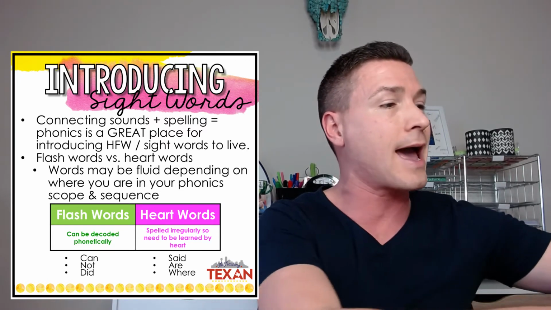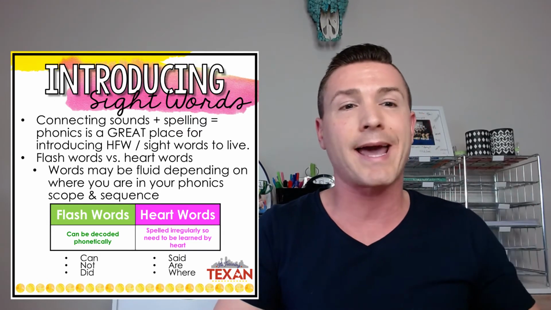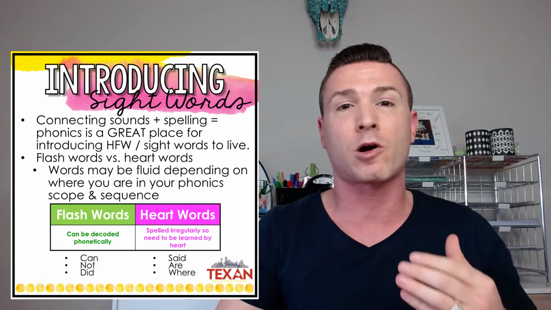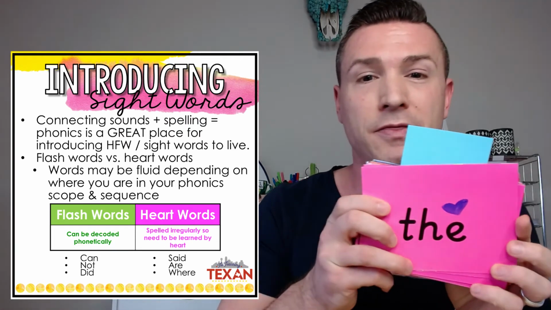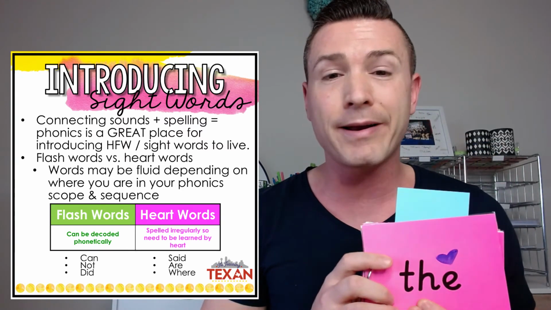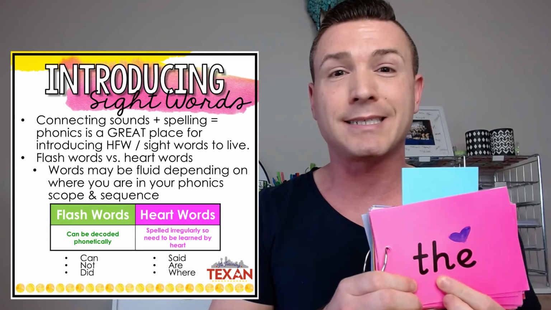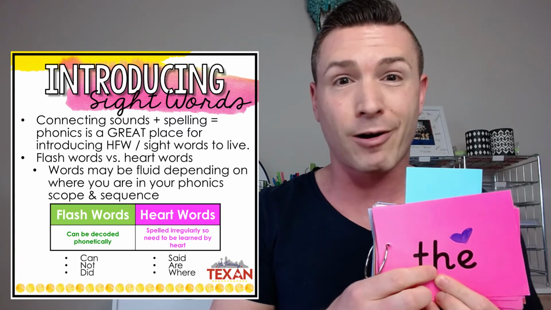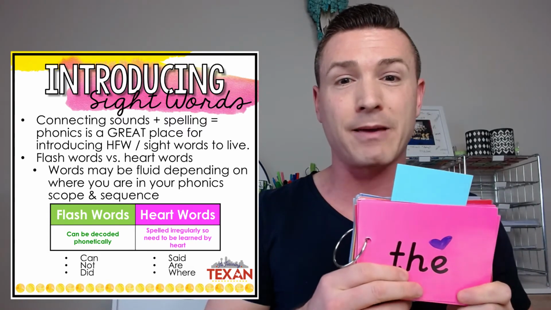So when we are looking at a flash word versus a heart word, again, we've got that phonetic spelling, and then we've got words that are irregular. A heart word, for example, might be "the," because we've got the TH. Depending on where you're at in your curriculum, if you haven't taught the TH digraph, then there would also be a heart over this, because the students haven't learned that sound yet.